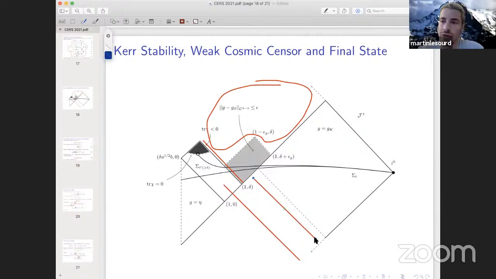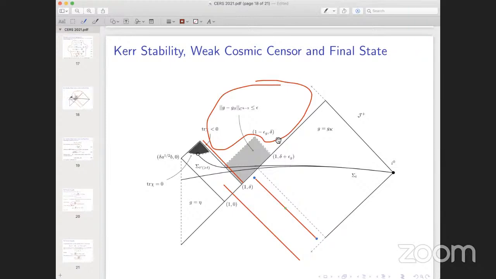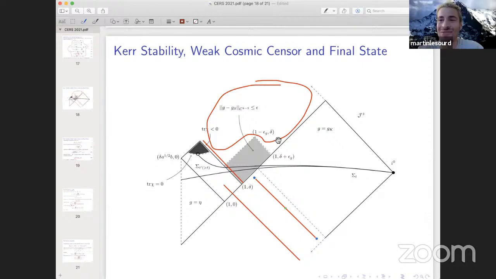And we also don't know how to do that because that region, this gray region here, is close to a Schwarzschild black hole. So proving something about here is close to stability of Schwarzschild. And so in other words, the past is not known. But we know the future, if Kerr stability works.